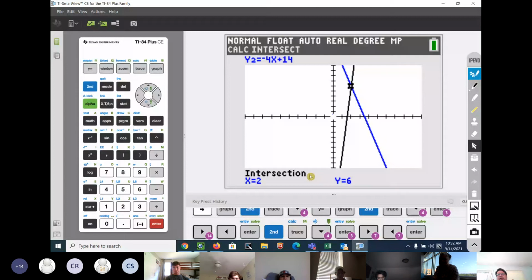That's why it's the least accurate. So unless you're going to use the calculator, graphing is the least accurate. So what about substitution? Well, we're going to do the same problem, and I'm going to write it down.